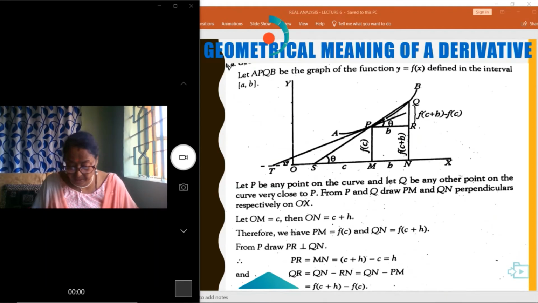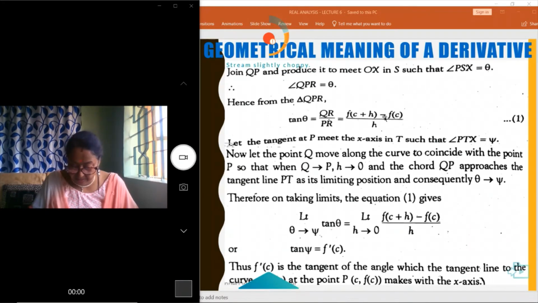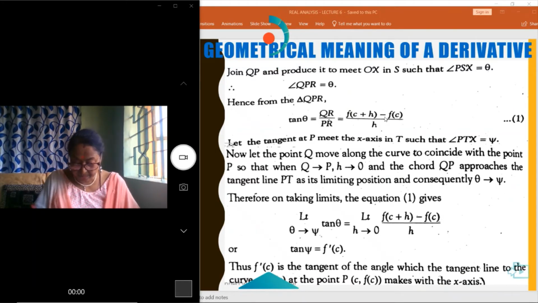From P, draw a perpendicular PR on QN so that PR is equal to h and QR is equal to f(c plus h) minus f(c). Then tan theta is equal to QR by PR, which is equal to (f(c plus h) minus f(c)) by h, which is the formula for derivative as limit h tends to 0.